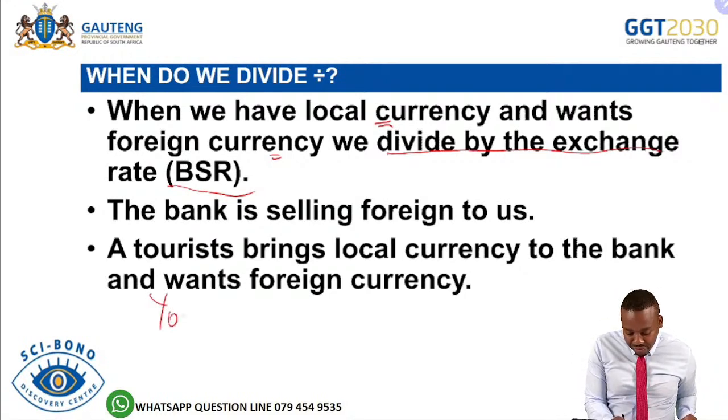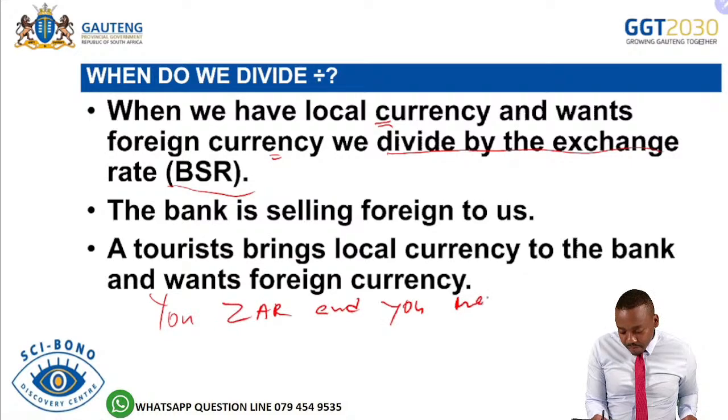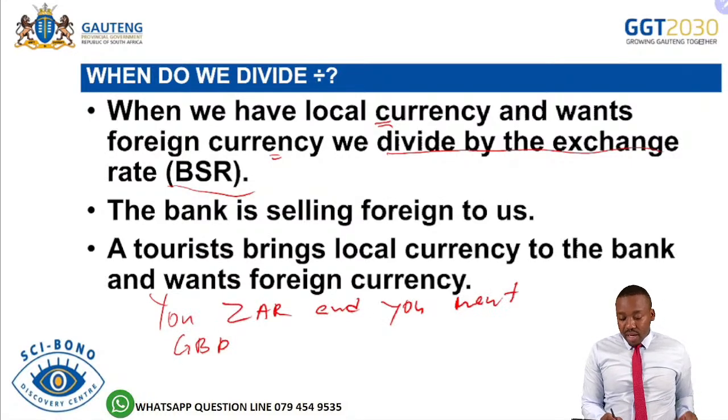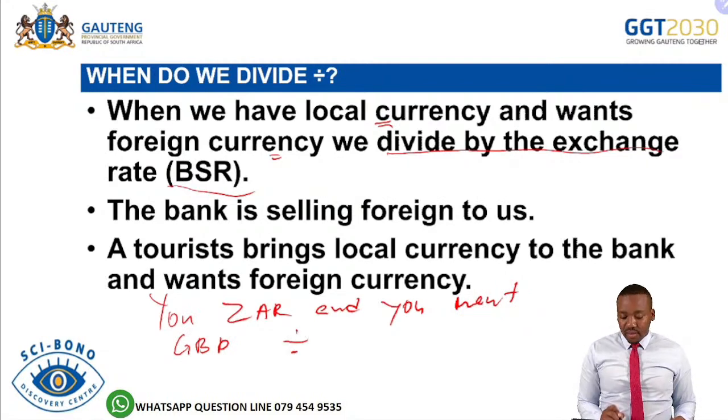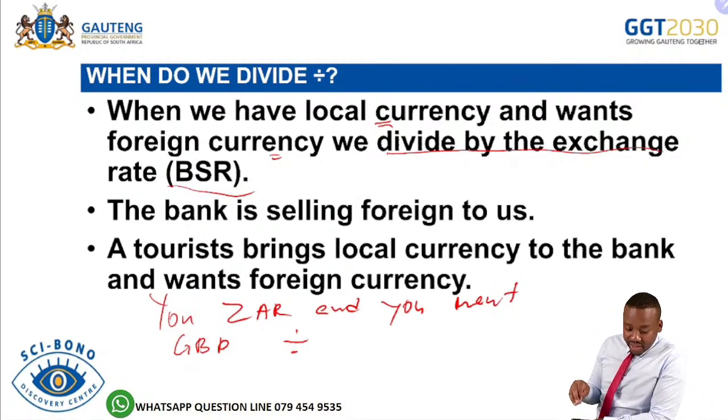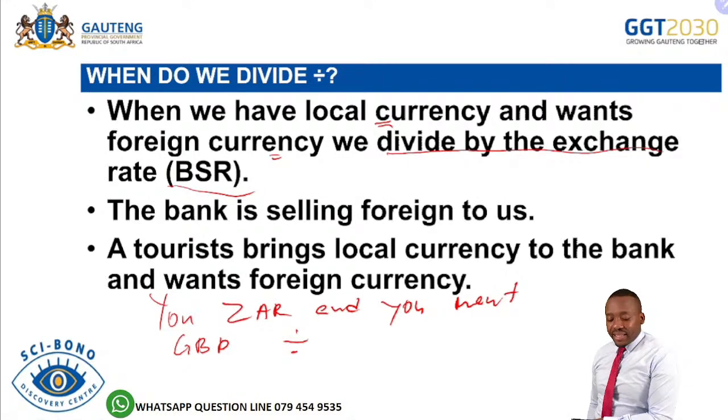Now you have South African rands and you want Great British pounds, for example. Then what are we going to do? We are going to be dividing.